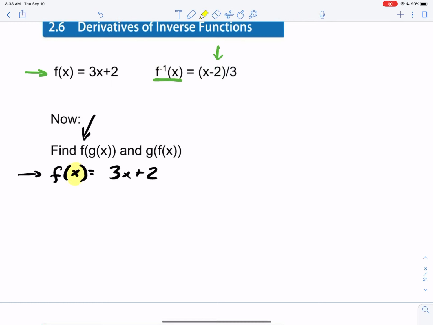X will be replaced by a g of x. Okay? So take a look. So kind of like when you guys did the derivative using the limit notation, or the limit definition, you replaced every x with x plus h. So it's along the same lines here. We're going to have f, and for every x that I see, I am going to replace it with a g of x.